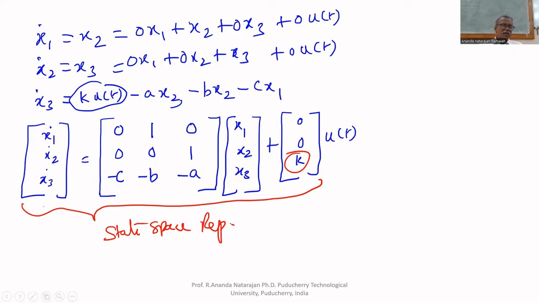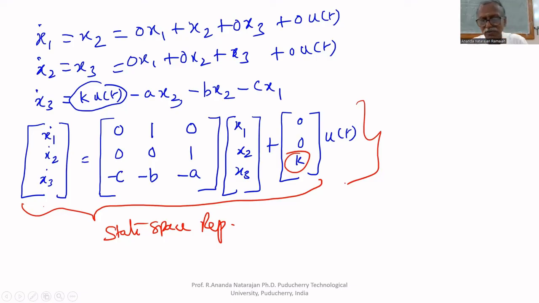In mathematics you have plenty of matrix manipulations, and all matrix manipulations can be applied to differential equations. That is the advantage of writing this as three first order equations. So a third order differential equation is written as three first order differential equations.